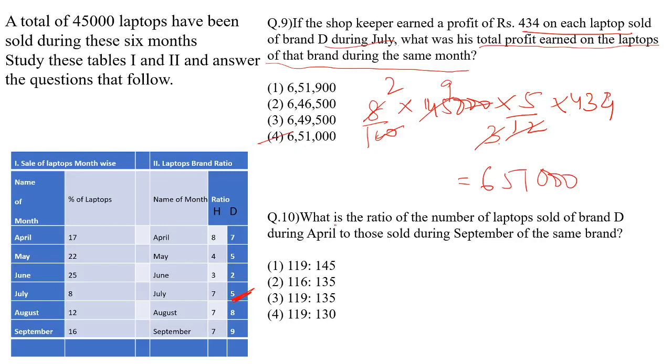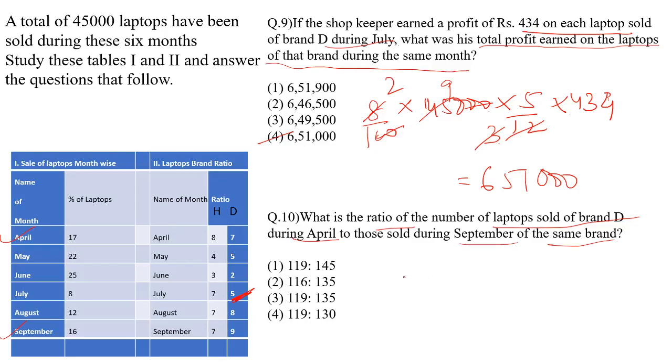So the last question is, what is the ratio of the number of laptops sold of brand D during April to those sold during September of the same brand? So you can see September and April, it is talking about 2 months.